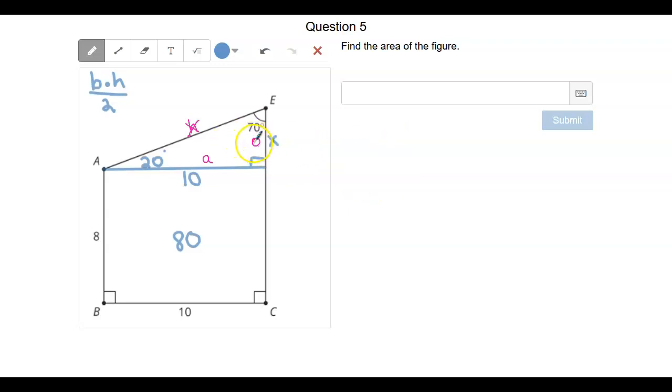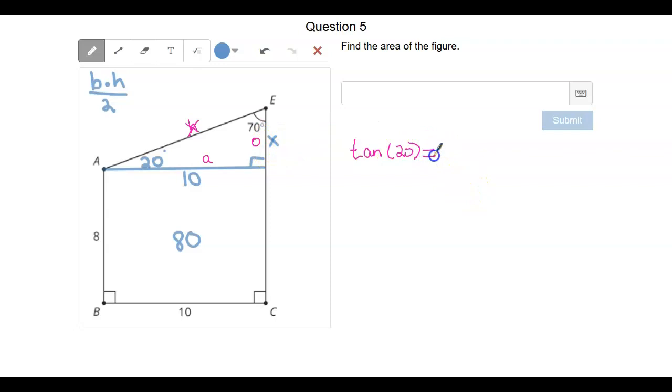So the one that uses the trig ratio that uses O and A is tangent. And I'm actually going to use tangent of 20 because I like it when my x is in the numerator of the fraction instead of the denominator. So we're going to set this up, the tangent of 20. Now that's not to say that you can't use the tangent of 70. It's just that your x is going to be in the denominator.